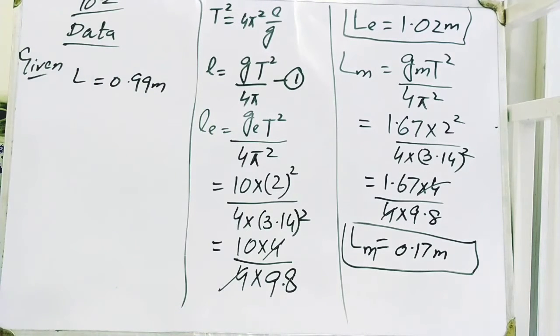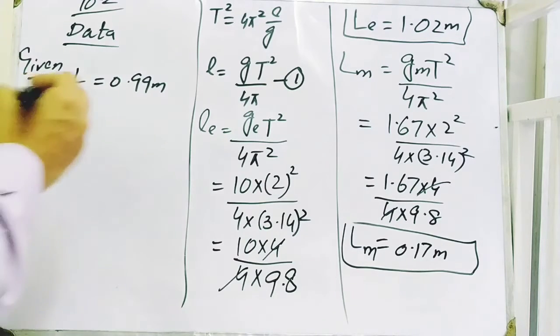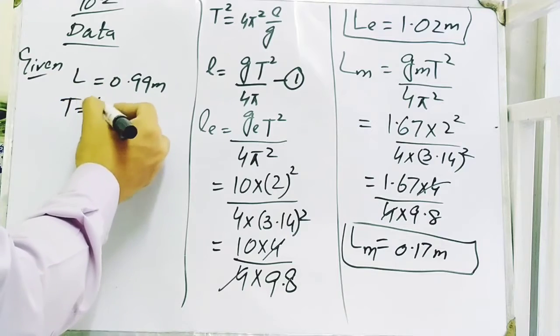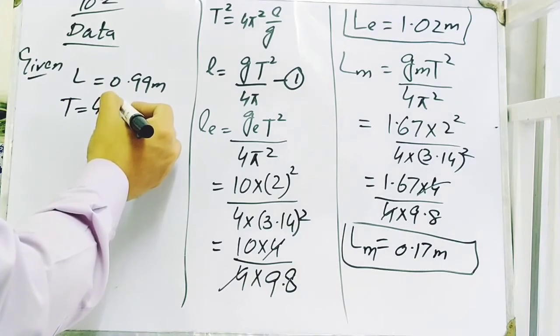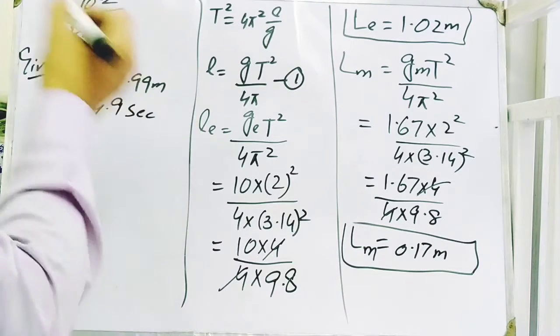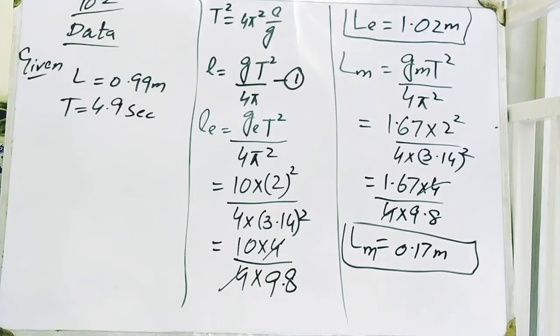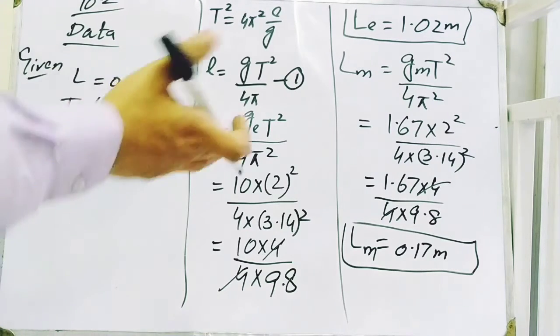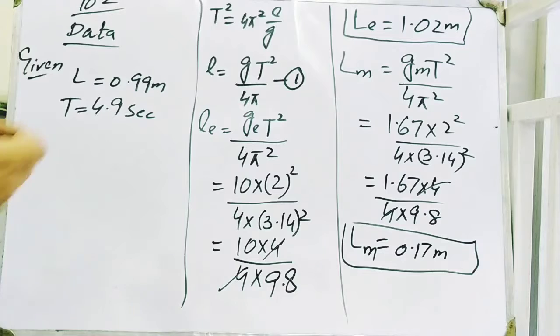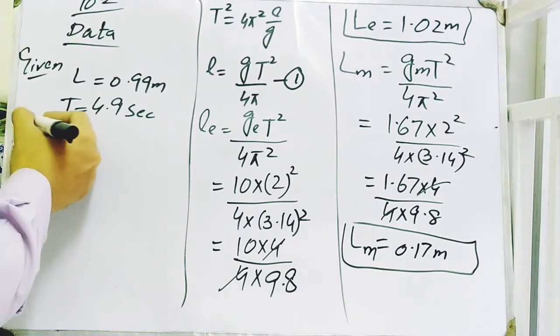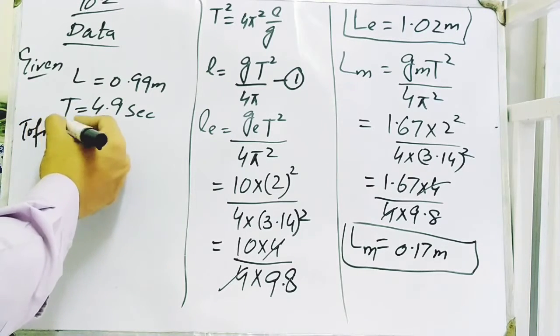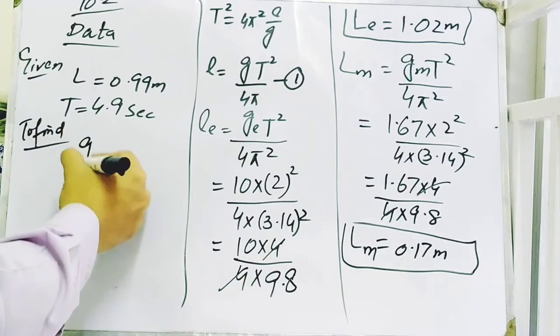Taken to the moon by an astronaut, the period of the pendulum is 4.9 seconds. T is equal to 4.9 seconds. What is the value of G on the surface of the moon? This is a counter numerical for the first numerical. In this numerical, we are going to find GM.